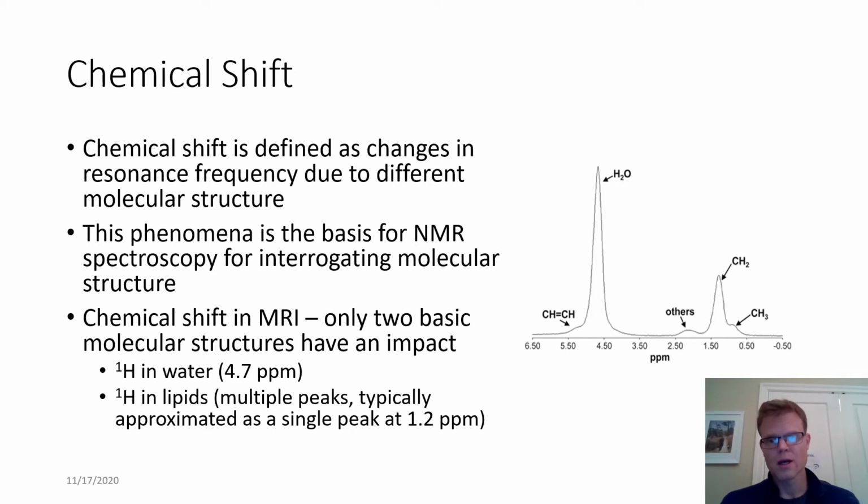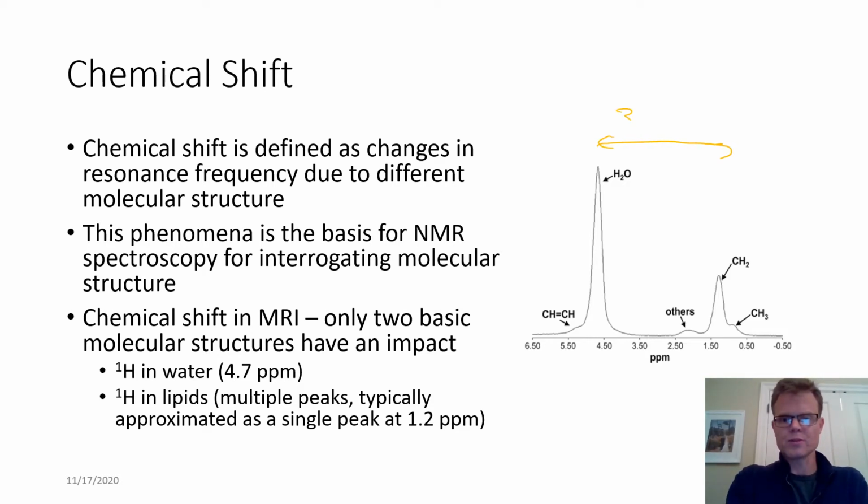You can see the methylene peak, the CH2, is the largest, and so we typically assume that the overall chemical shift of lipids in the body is at 1.2 parts per million. This is where the value of 3.5 parts per million comes from. So we have about a 3.5 part per million shift between our primary lipid resonance and our water resonance.